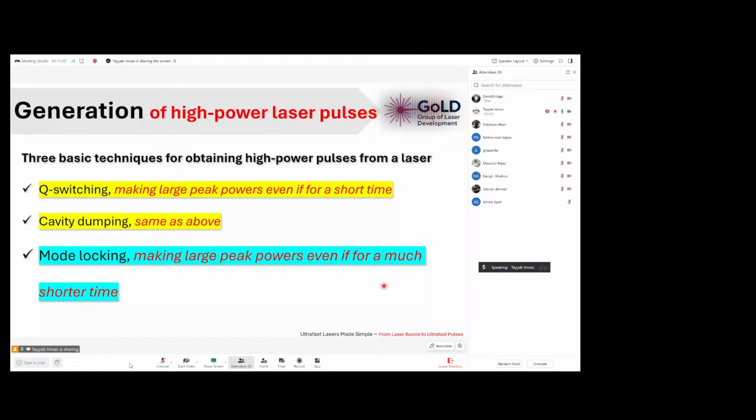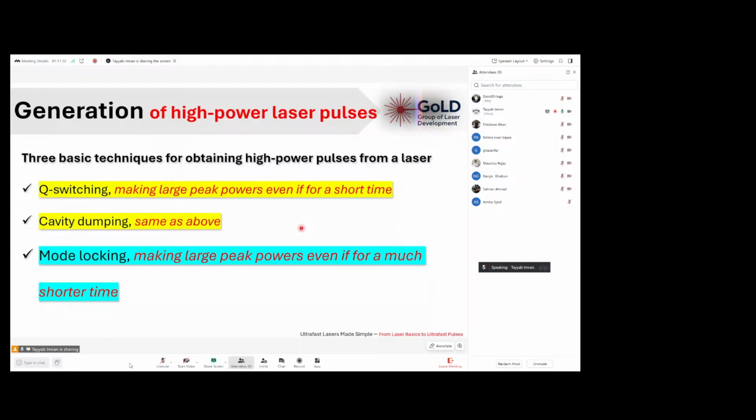Here, in the case of Q switching, you may have nanosecond pulses. Probably in some cases it may go to picosecond, even though maybe it's harder. So the Q switching technique is basically used to generate giant pulses or large peak power for a short interval of time, like nanosecond.